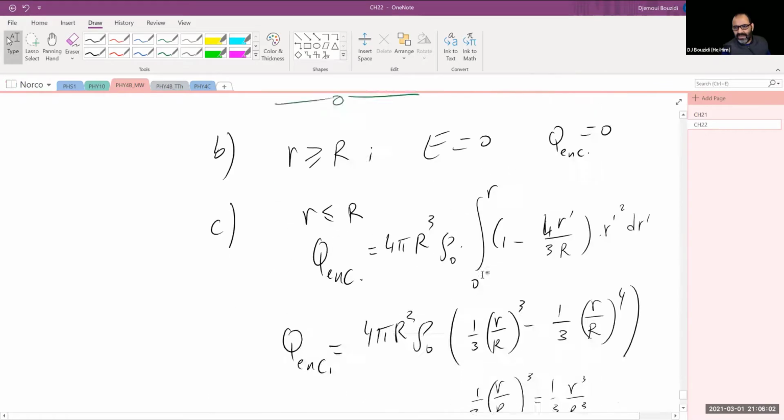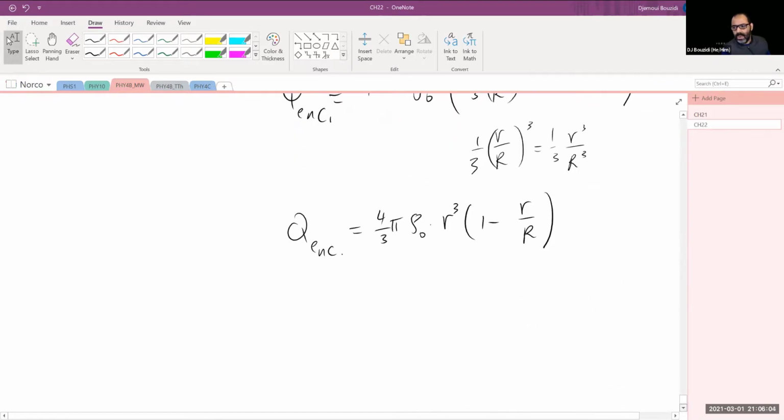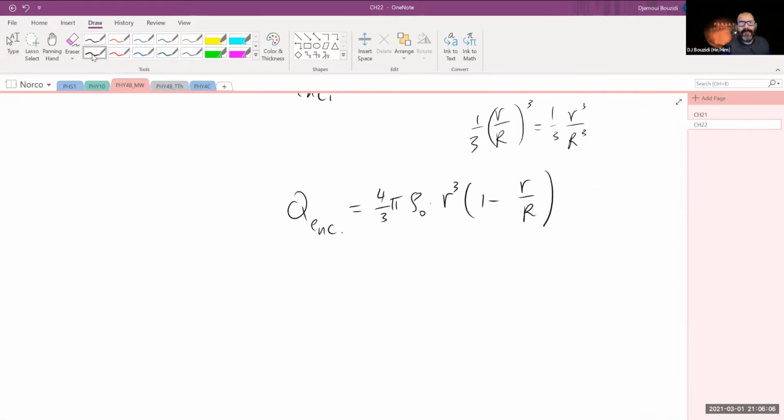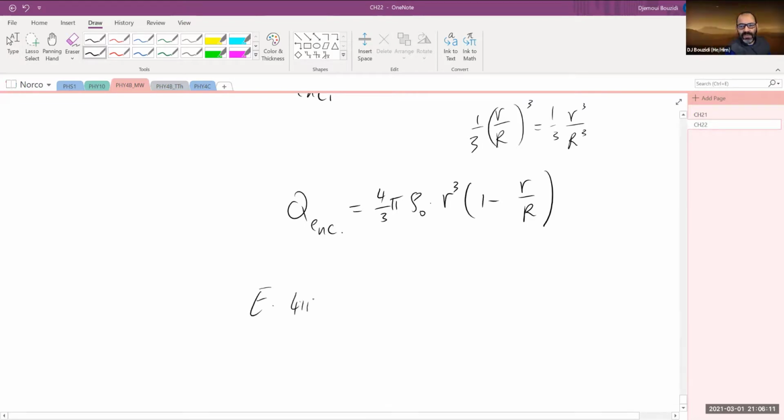So on the left-hand side of Gauss's law, we have the electric field times the area of a sphere, which is 4 pi r squared, and this must be equal to the charge enclosed divided by epsilon naught.